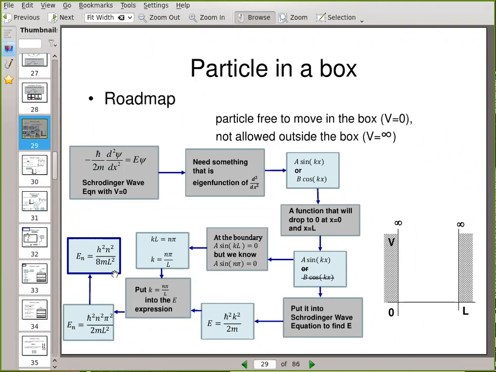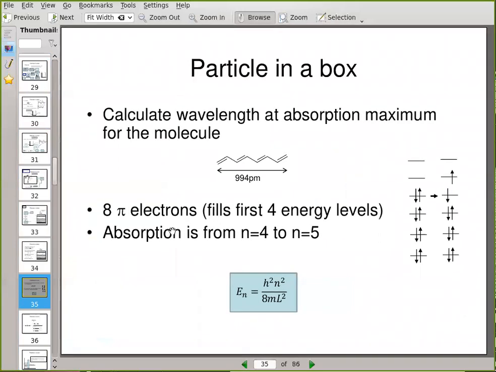Now, as a chemist, we can now use that in real situations on real molecules because we can now get some useful information simply based on the energy of an electron in a molecule. Can I show you? So, for example, have a look at this molecule, this conjugated alkene.